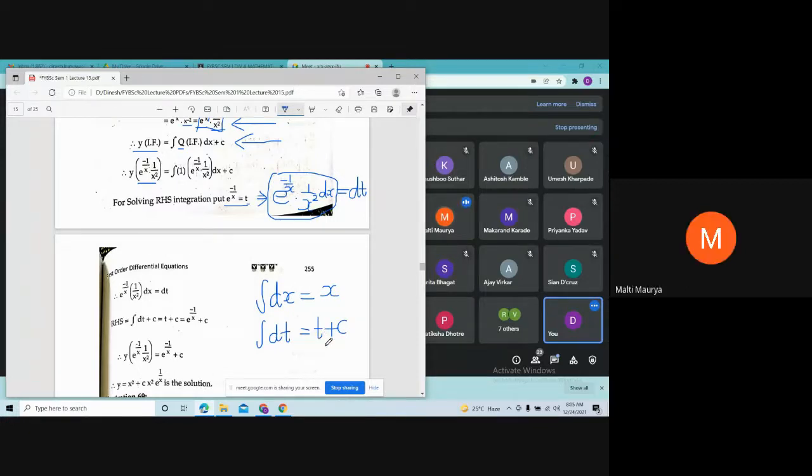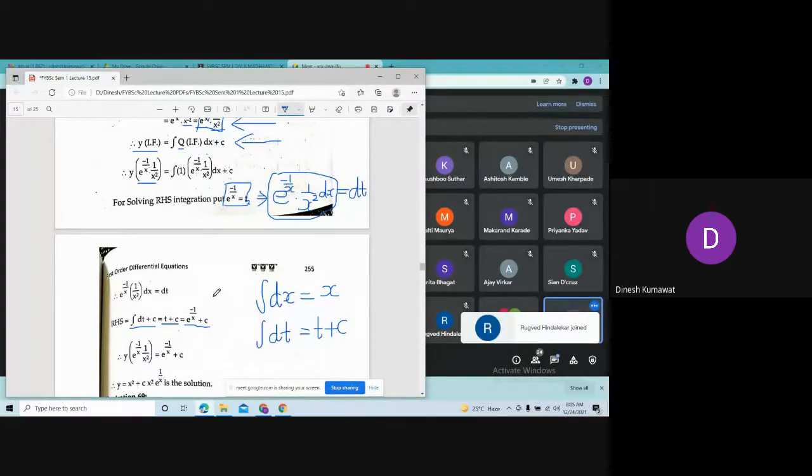Yes, sir. So the answer of the integration of dt is nothing but t plus c. But what is the value of t? Observe. T is nothing but e to the power minus 1 upon x.